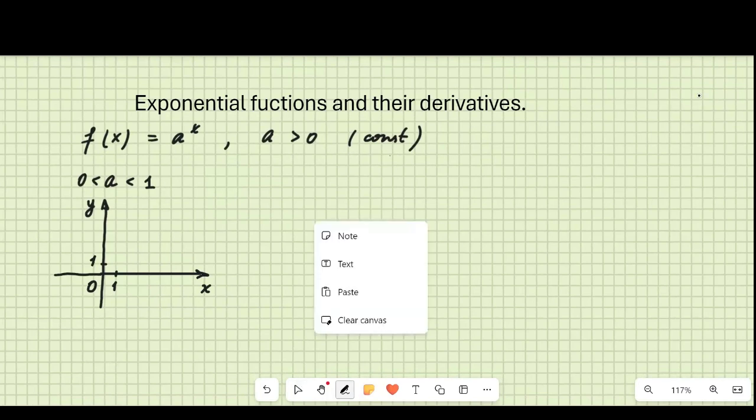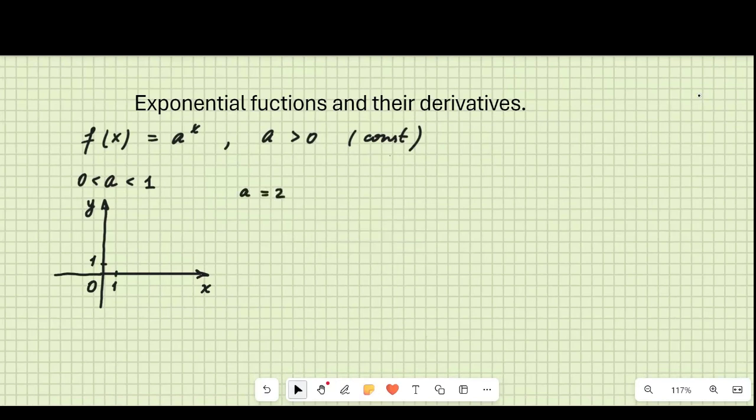I'm going to consider, for my example, a equals 2. So I'm going to graph the function y equals 2 to the power of x. To do that, I'm going to build a table. How is my table going to look? This is a good idea to remember how I build a table, so next time you do it, you will remember the shape of a function or just recall that the table looks like that.